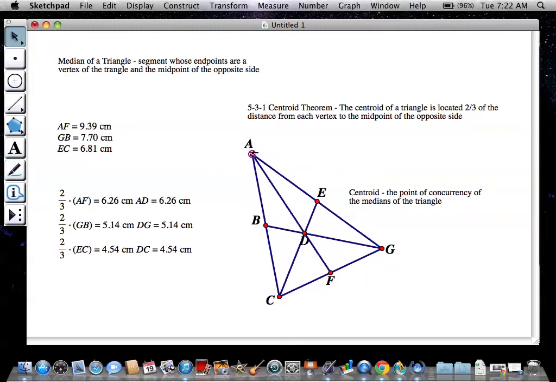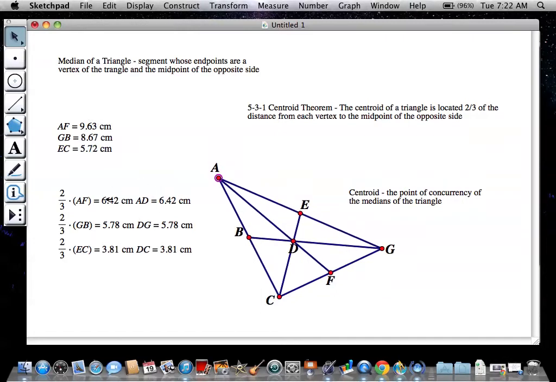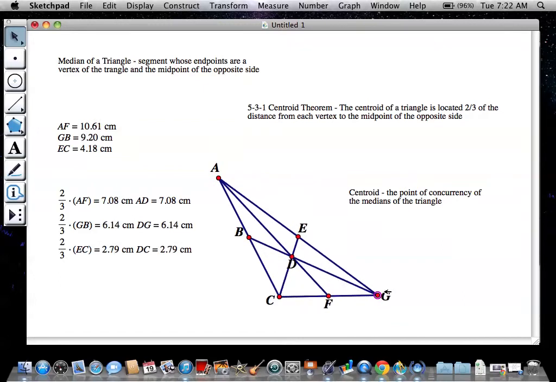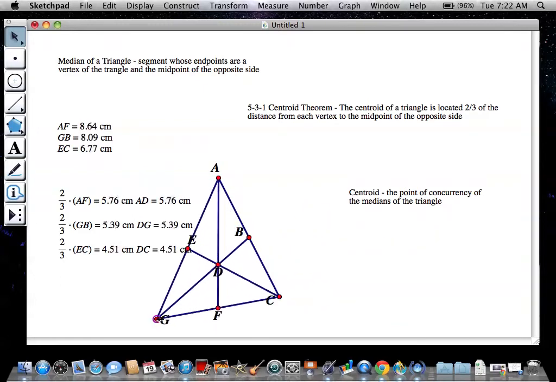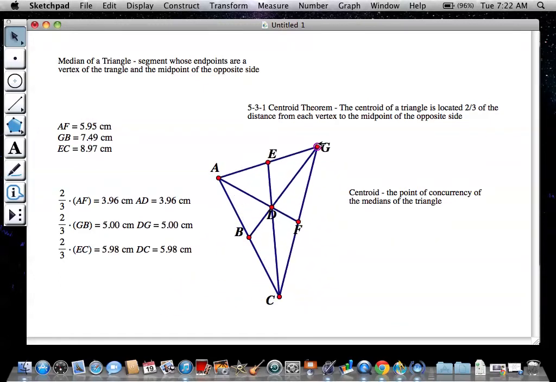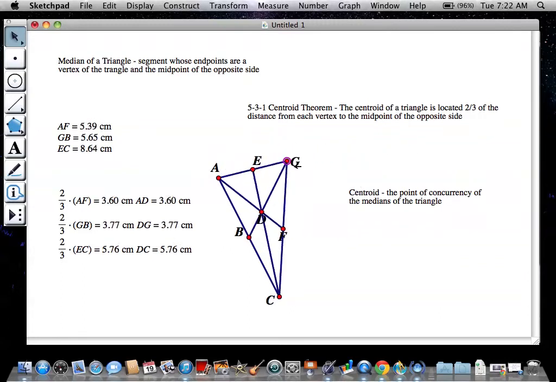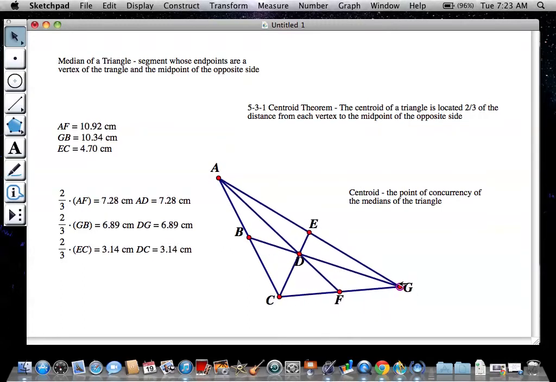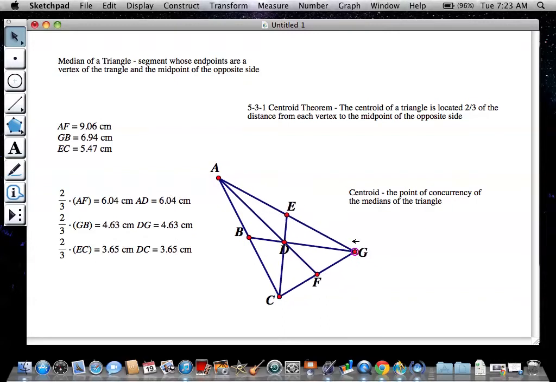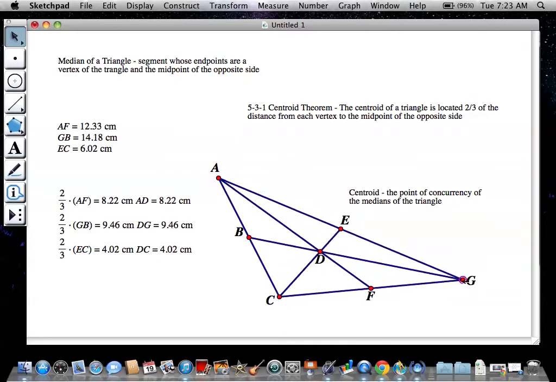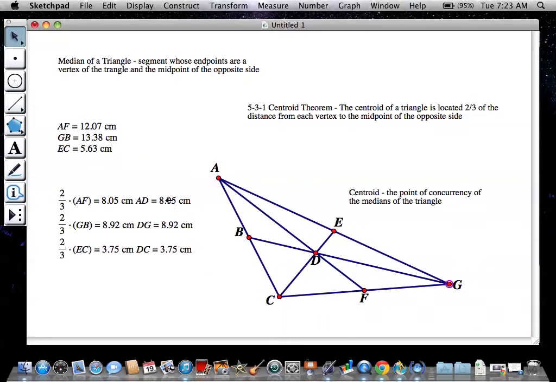I move it, and notice the lengths still stay the same, even when I move it all the way around. Now, like the incenter, the centroid will always be inside the triangle. If I have an obtuse, if I have a right, it's always inside the triangle. And notice the numbers still are the same.